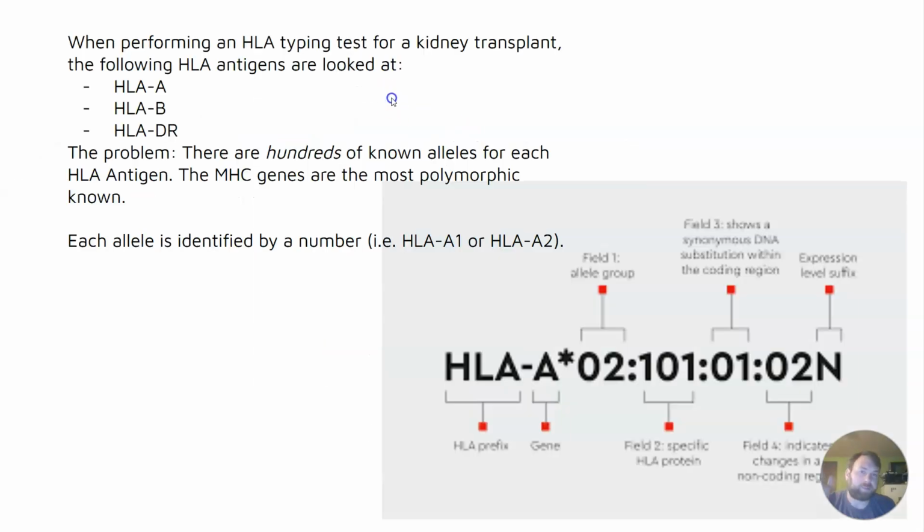And guess what? When we're looking at HLA typing for kidney transplants, we'll only pay attention to HLA A, B, and DR, but each of these 3 different genes has hundreds of allele differences. It's not whether or not I have one shape and I don't have that shape, like the majority of the genetics that we've done, which is either this or that, a capital A or a lowercase a.